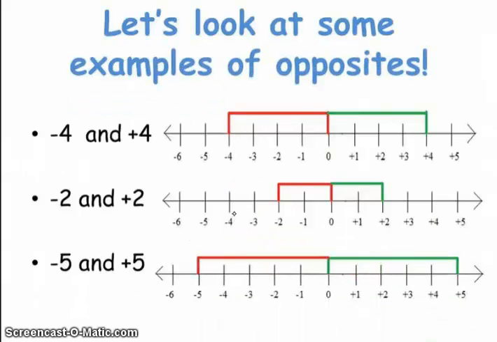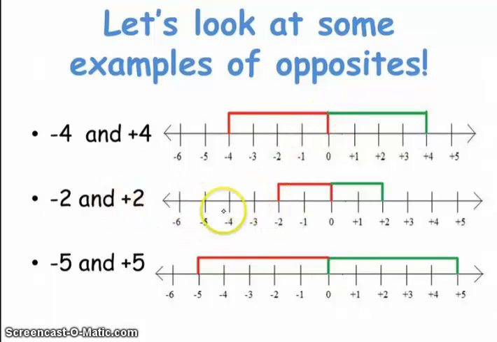Let's look at some examples of opposites. So here we have negative 4 and positive 4. Those two are called opposites. When we add opposites together, they will actually cancel each other out.